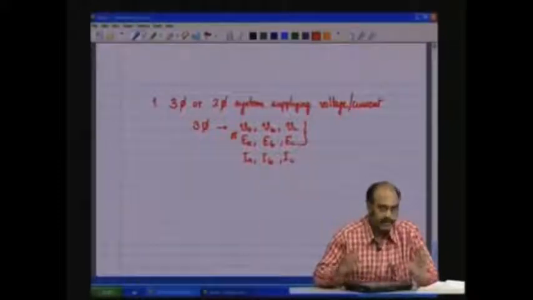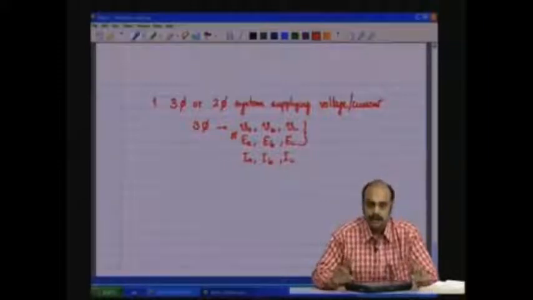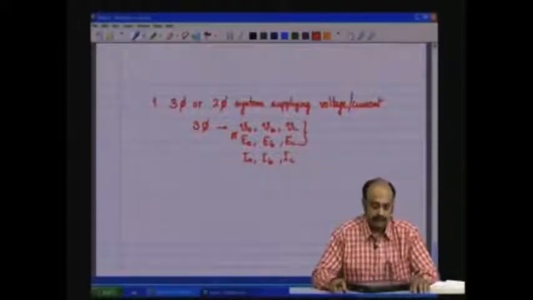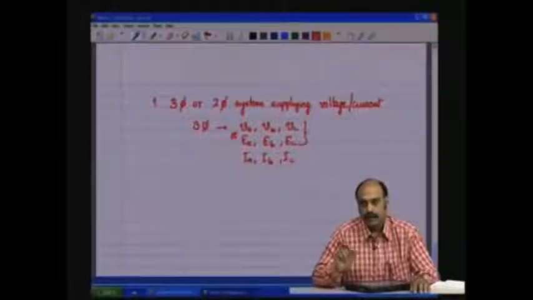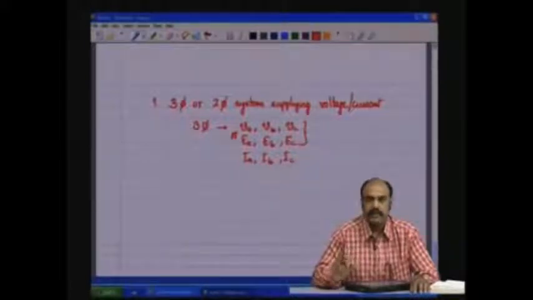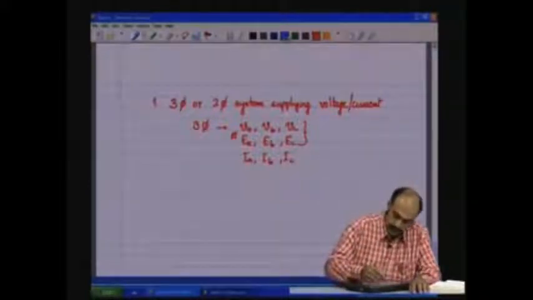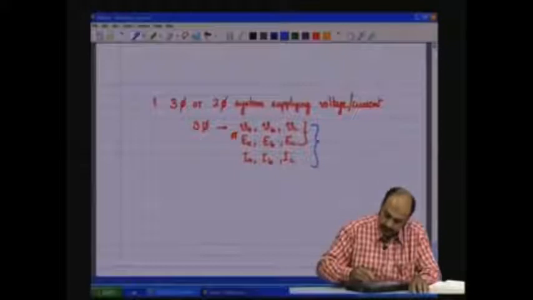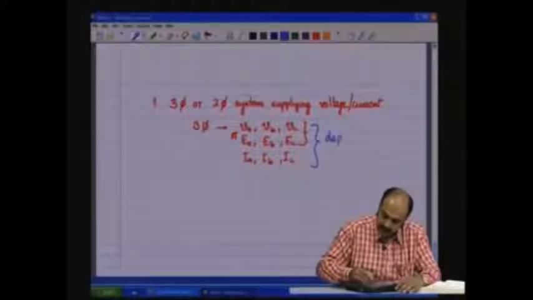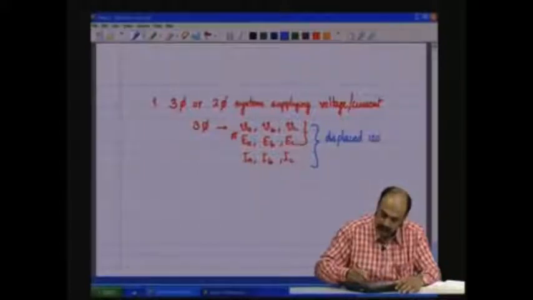Now, all are having the same magnitude and are displaced 120 degrees apart, and this displacement of 120 degrees is along the time axis.